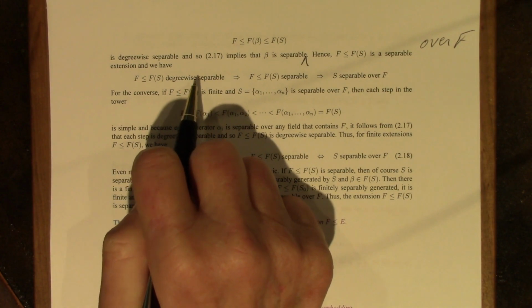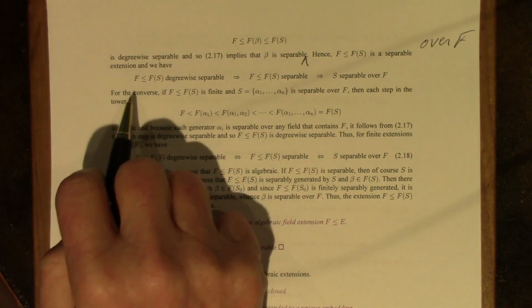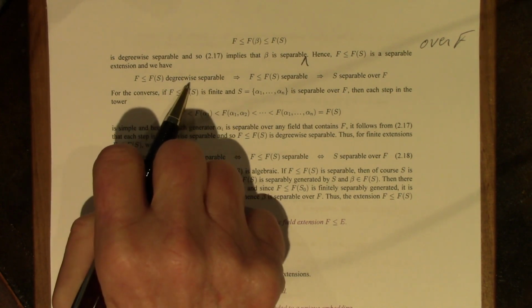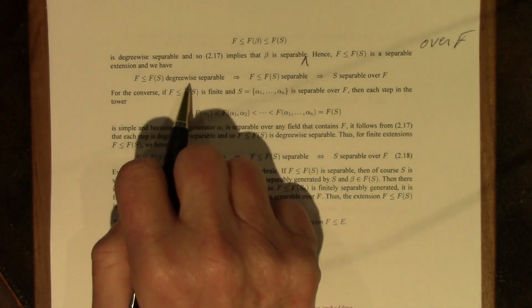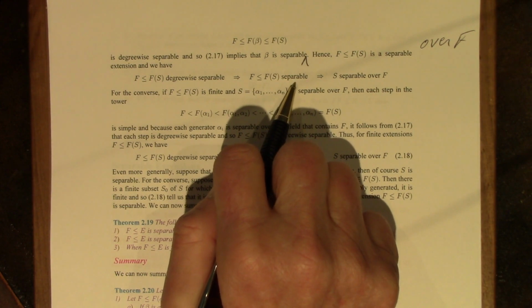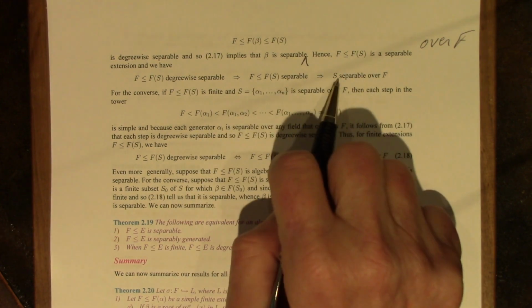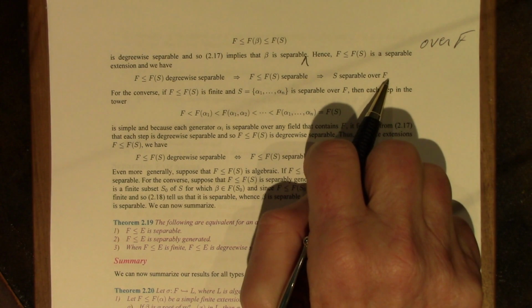So what we now know is that for a finite extension F(S) over F, degree-wise separable implies that the extension is separable, meaning every element in F(S) is separable over F, so in particular the generating set is separable over F.